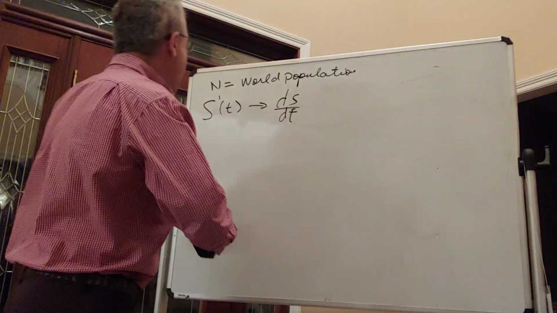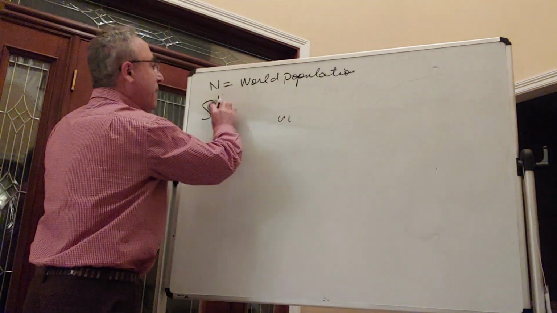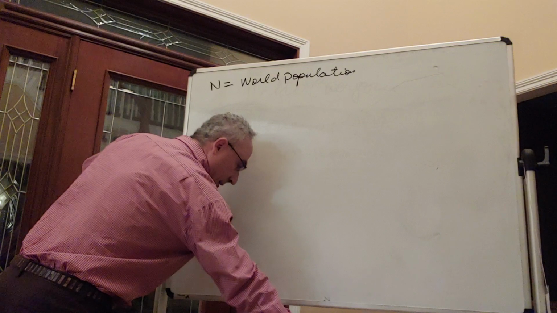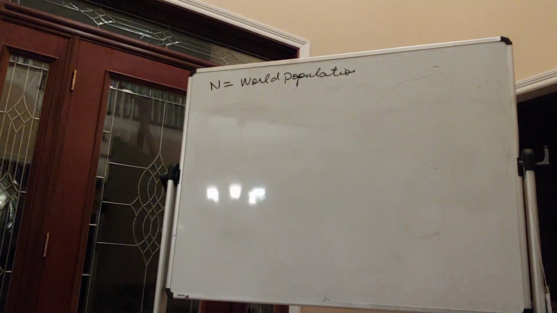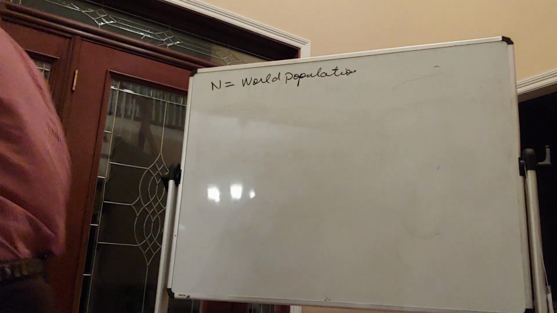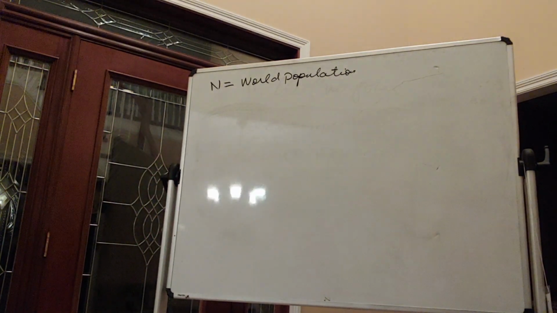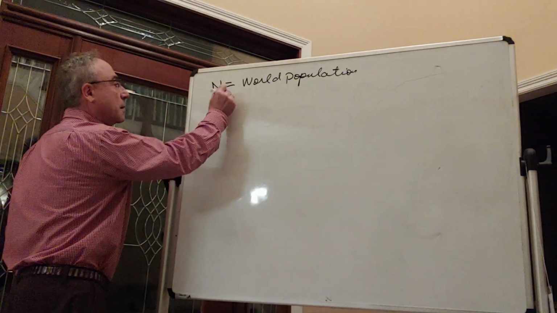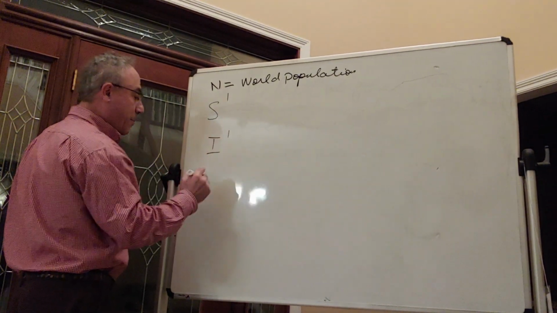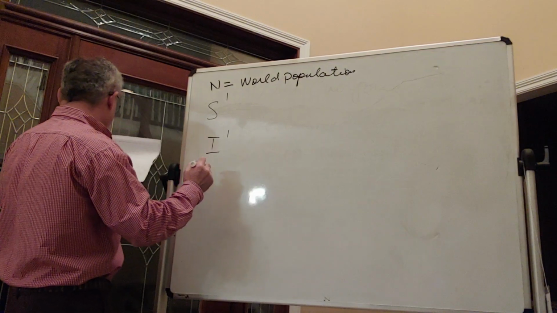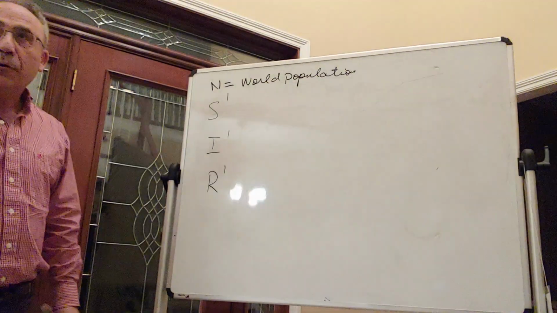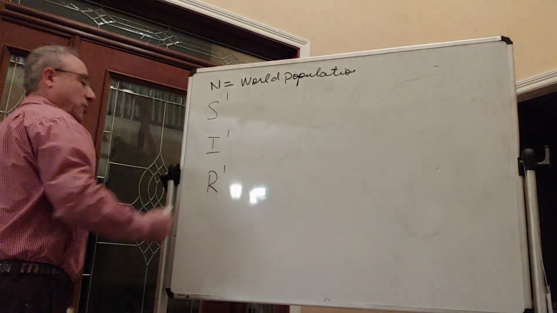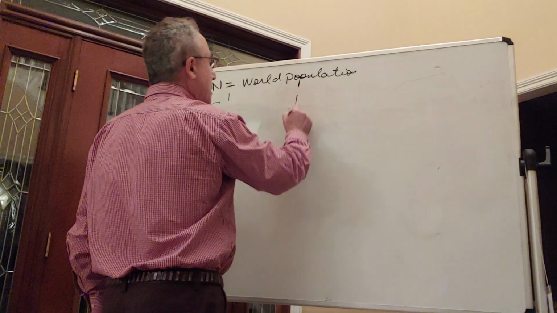Now we have a model, and I have taken a note, so we're going to have the SIR model. It's going to be S prime, I prime, and R prime. So this is the rate of change.